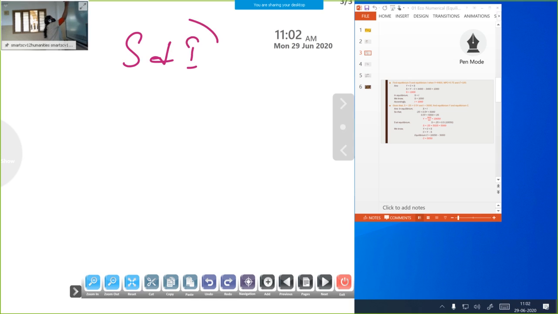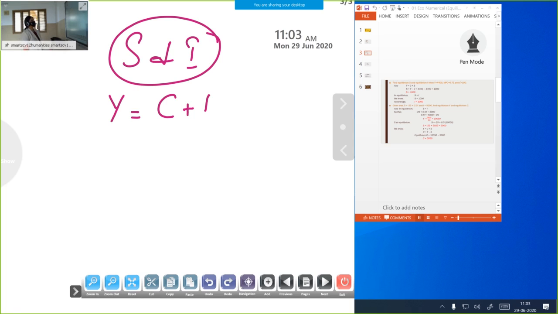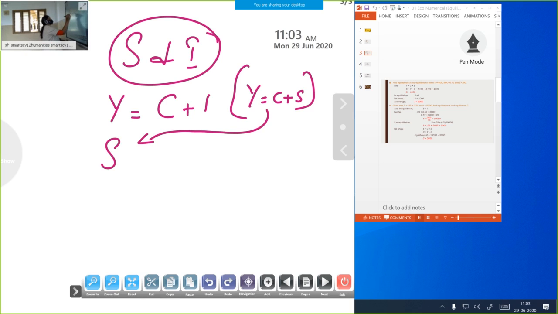and I. Okay. We know Y is equal to C plus I. Right? Y is equal to C plus I. Then one more, we know Y is equal to C plus S. So any formula you can take, you can use any equation.